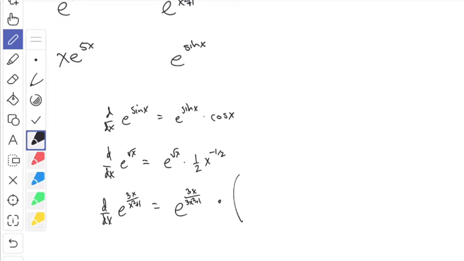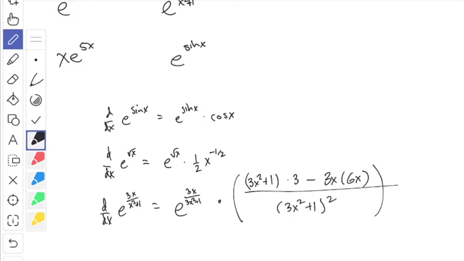Yes, I prefer ho d hi minus hi d ho over ho ho, where hi is the top and ho is the bottom. So it's the bottom times the derivative of the top, which is 3, minus the top times the derivative of the bottom, which is 6x, over the bottom squared. I hope you got that. This is the quotient rule.